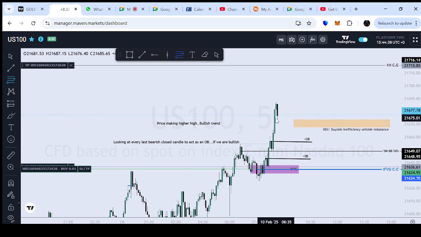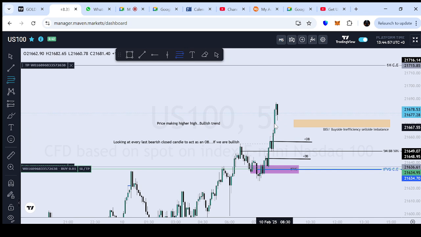That consequent encroachment, that inefficiency there, is it the volume imbalance? The volume imbalance, no, it is BC. Buy side inefficiency, sell side imbalance. Okay. Yeah. When it comes to volume imbalance, you will not see a candle body.